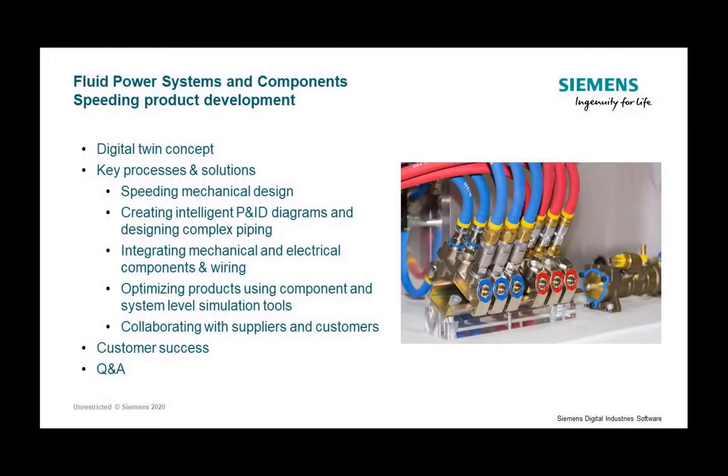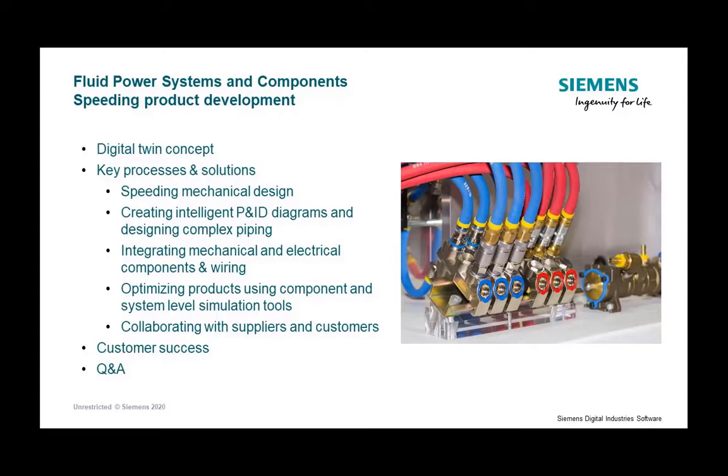These areas include speeding mechanical design, creating intelligent P&ID diagrams and designing complex 3D piping, integrating mechanical and electrical components and wiring, optimizing products using component and system-level simulation tools, and using simple cloud-based tools for collaborating with suppliers and customers.